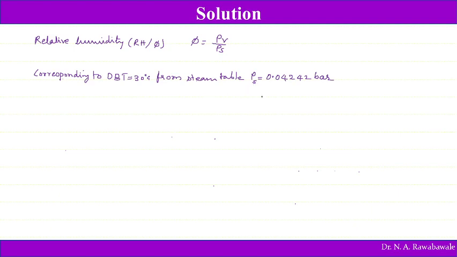So when this air becomes completely saturated with water vapor, the partial pressure of steam in the air is 0.04242 bar. So therefore phi can be obtained now. Phi is equal to PV divided by PS.